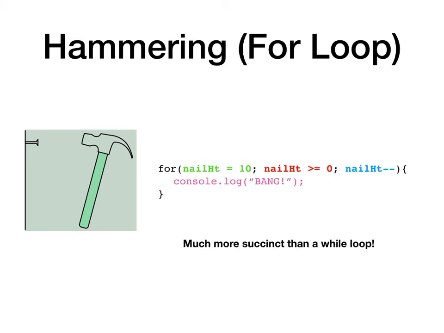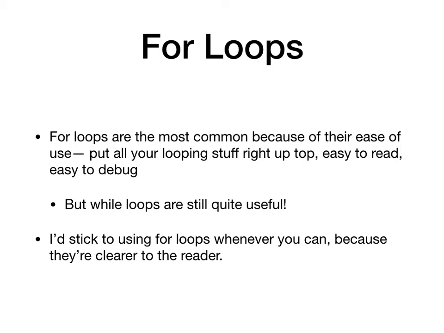These are the kinds of things you will see most often. For loops are the most common kind of loop because they're easy to use and clear to read. But again, while loops are still useful. Just understand that they both exist. They have slightly different syntax, but they're doing the same thing. They're saying, repeat this until. Hammer the thing into the wall until, right?